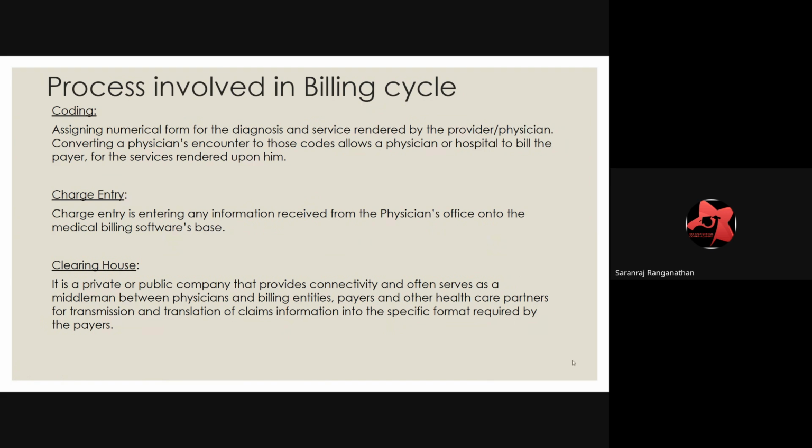Between the payers and the insurance company, if there is any lack of information or any transmission needed, the clearing house will take care of it, collect the data, and provide it to the insurance companies. Those people are giving this service to get the claim paid.